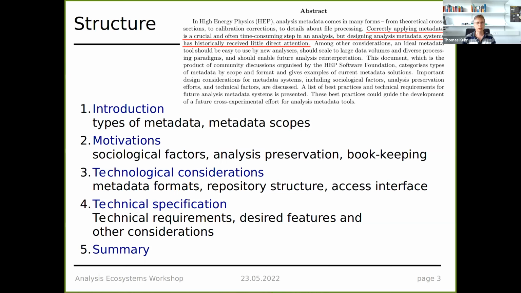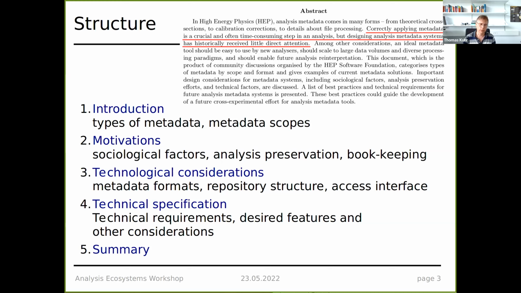It starts with some introduction discussing types and scopes of metadata. Then motivations are discussed: there are sociological factors, aspects of analysis preservation, and bookkeeping. Then it comes to more technological considerations like metadata formats, repository structure, and access interface.